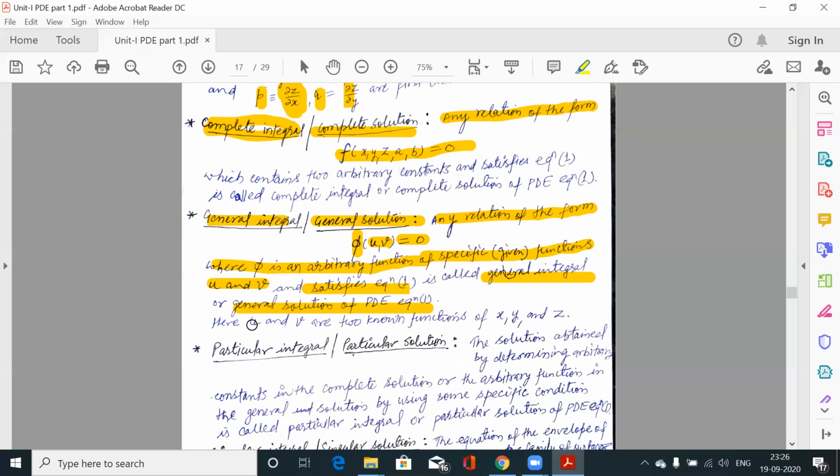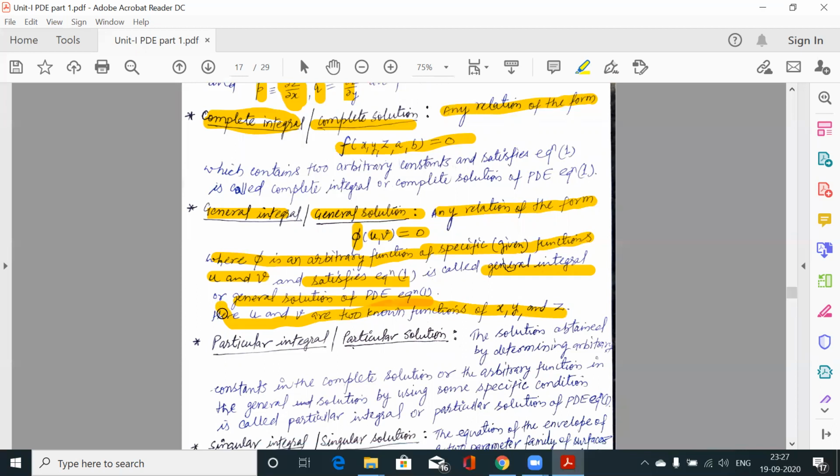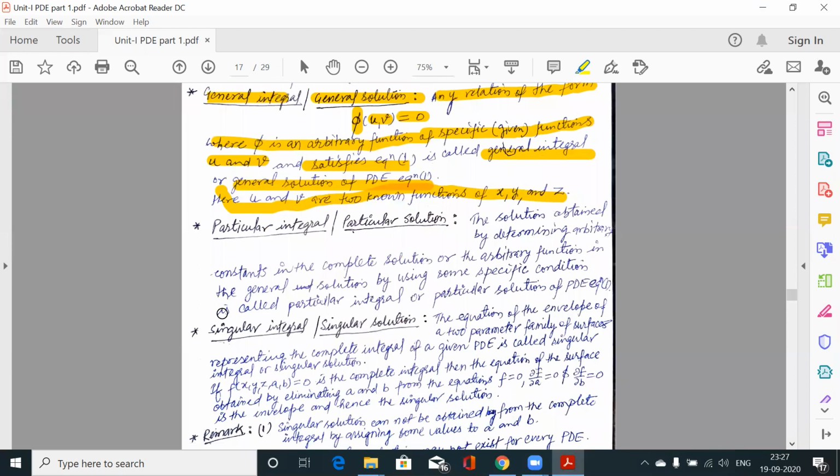So any solution which includes an arbitrary constant is the complete solution, and any solution which includes an arbitrary function is the general solution.